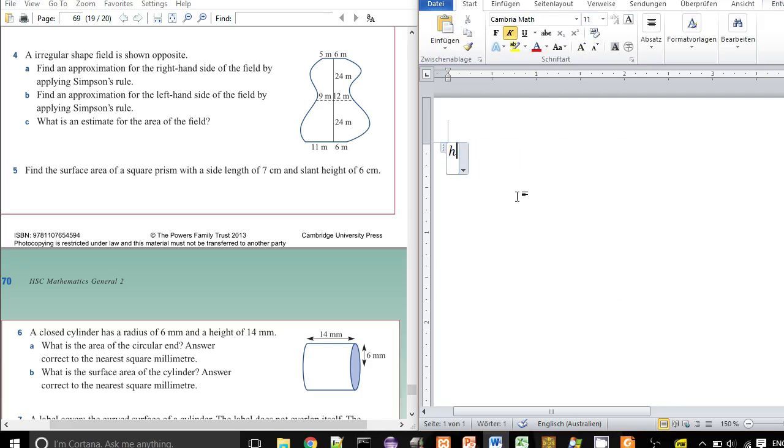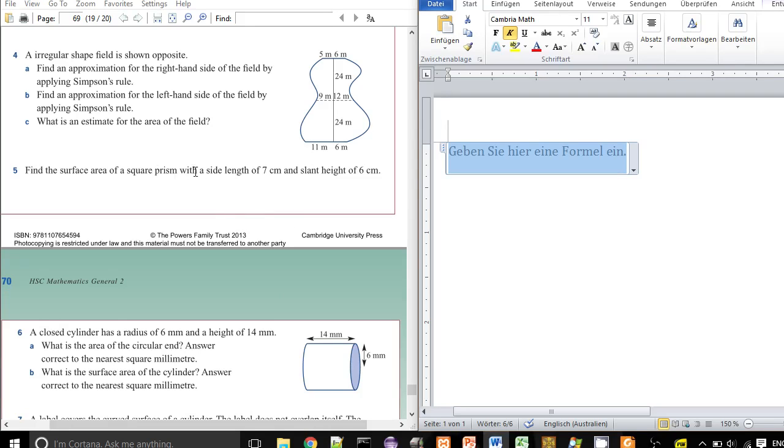You've got a square going up into a prism. So the area of the square is easy, 7 times 7, and the same on the top. For the slant height, that's weird. I don't think that's obvious. Those side walls would be like parallelograms.